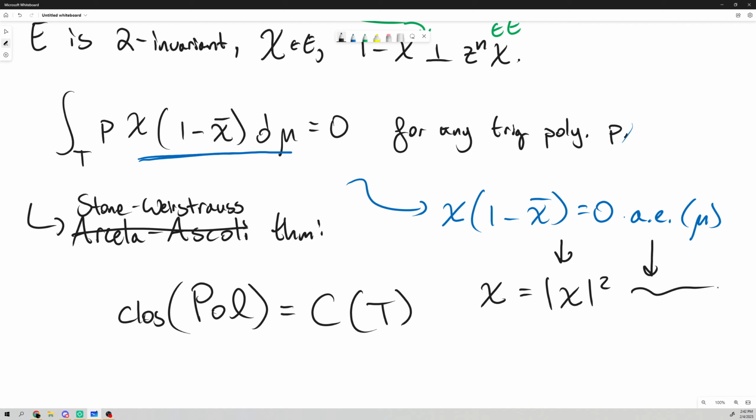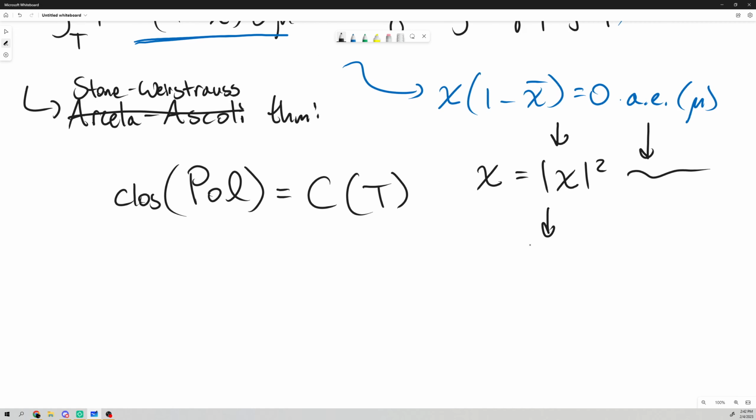Mu almost everywhere. Well then, what is chi? When x is equal to the absolute value of itself squared, what's the locus of that? You can only have two numbers, 0 and 1. No other number will satisfy this equality. So chi is 0 or 1. It's a characteristic function. Boom.